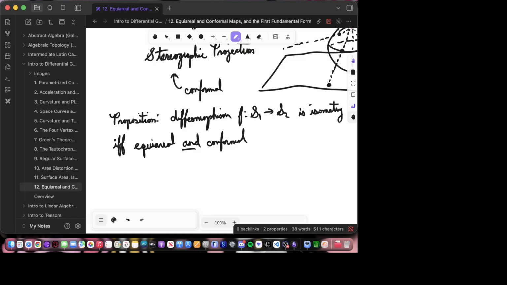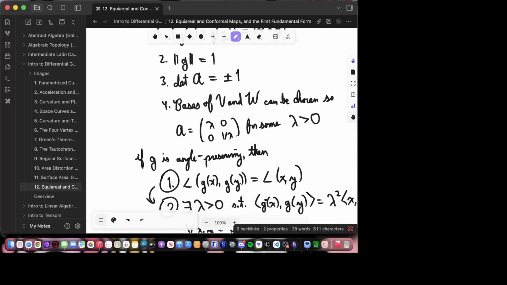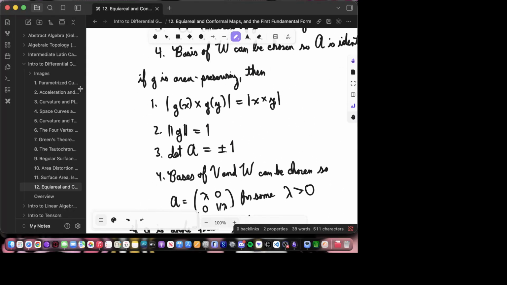Now, the way we can do this is we can see that you can use the qualities of here.